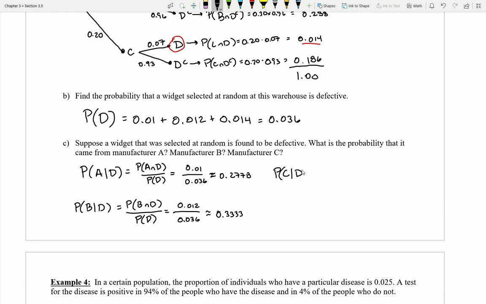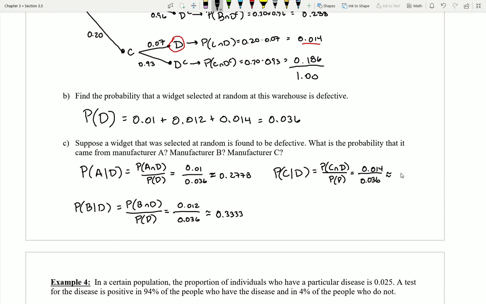What about the chances that it came from C if I know that it's a defective item? So that's C and D over the probability of D. So I have 0.036 in the denominator. And I can see here that going C and then D results in a grand total of 0.014.